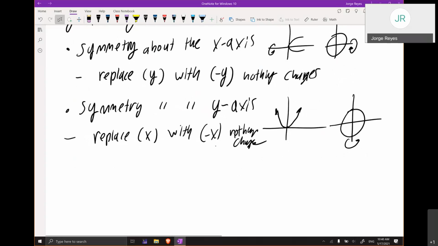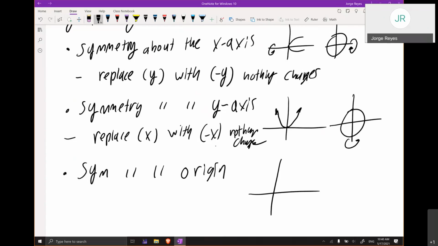And then the last kind of symmetry is symmetry about the origin. This one's a little funny. First of all, it looks like this. And technically a circle has it, because if you flip it here and then flip it again, then it matches.